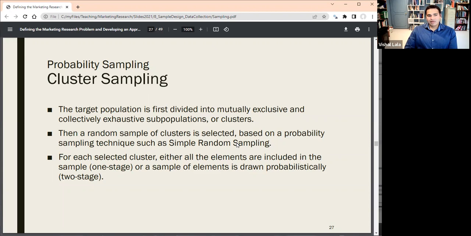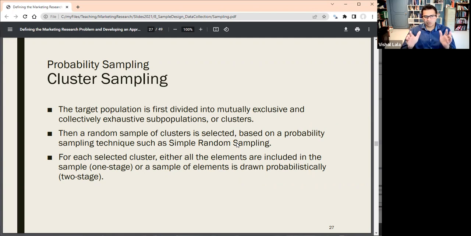Moving along, we have cluster sampling. In cluster sampling, we randomly pick a cluster. Imagine you want to study the attitudes towards dogs for people in New York. What you could do is you could look at all the blocks.